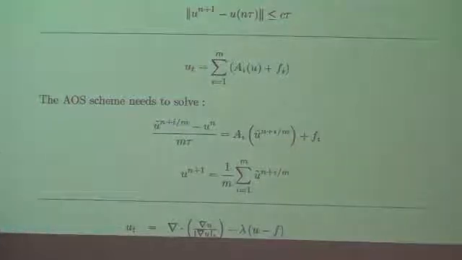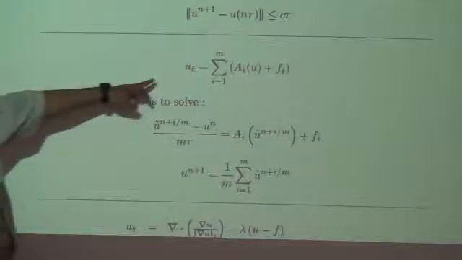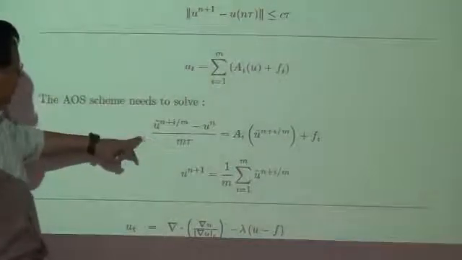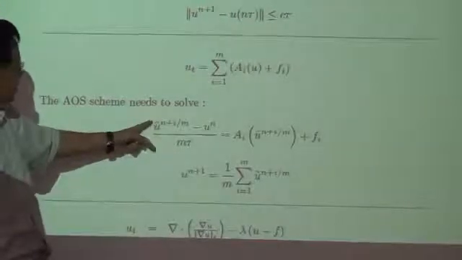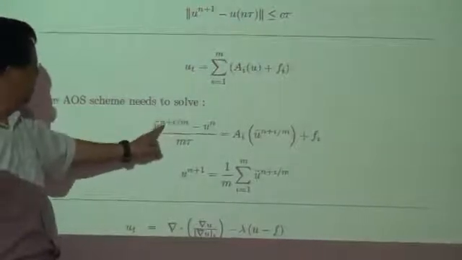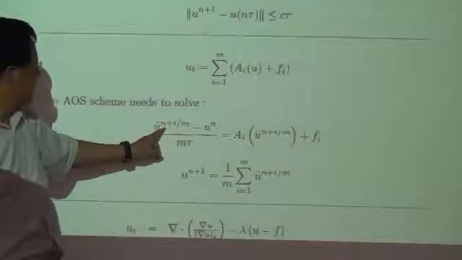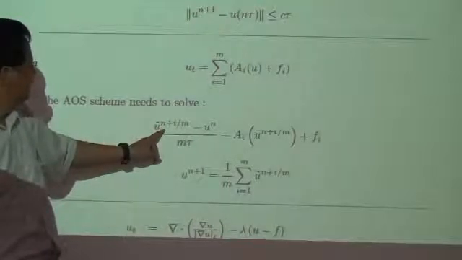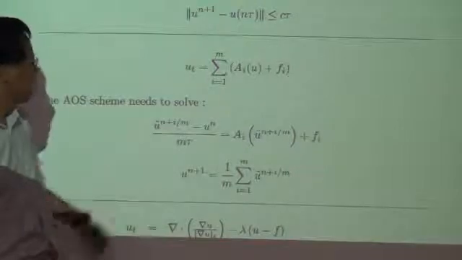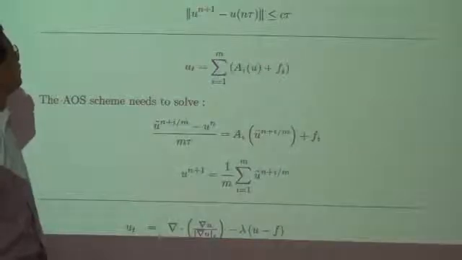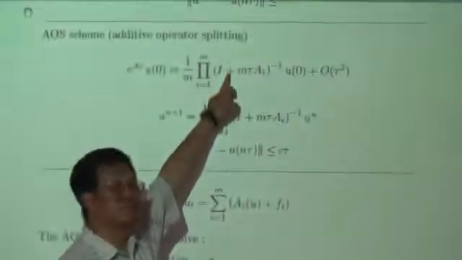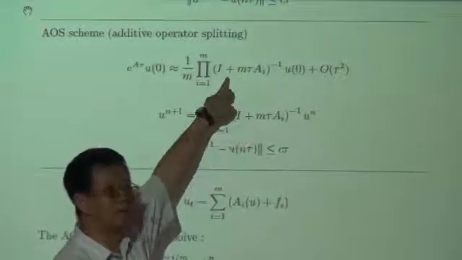But for simplicity, you can just assume each of them maximal monotone. For a nonlinear operator, you can do the same. And in this way, you see the AOS scheme can be written in such a way. Here becomes I minus, so therefore most probably everything here will be minus.